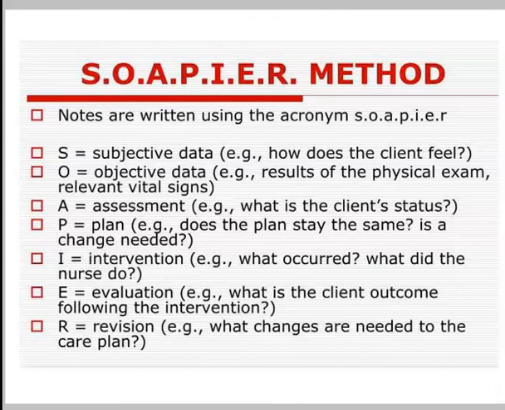After getting the subjective and objective data, we come to the nursing assessment. Next is the plan, where we are providing a certain plan of care. I is the intervention, the actual nursing intervention. E is the evaluation, the nursing evaluation of the implemented care or the intervention.